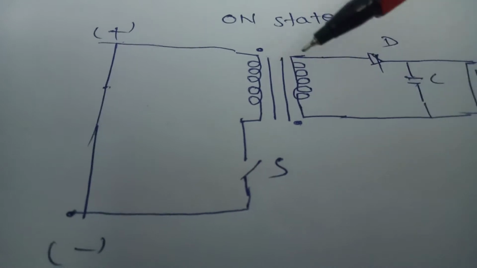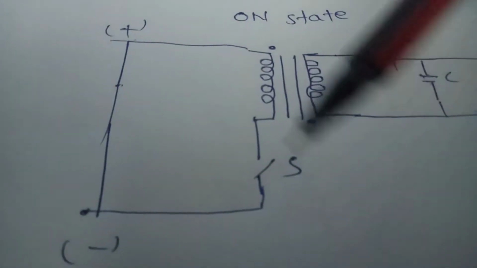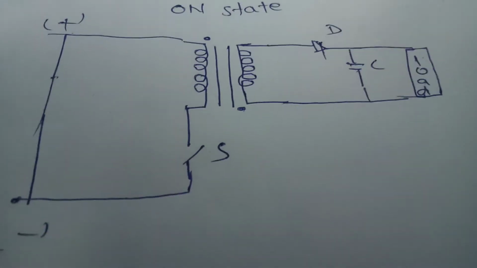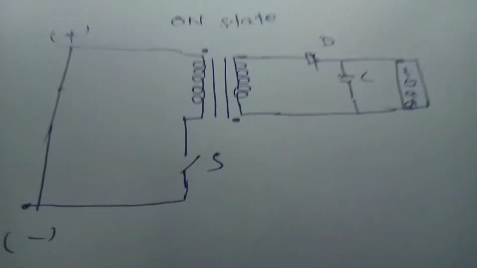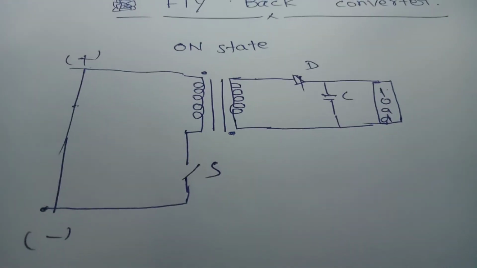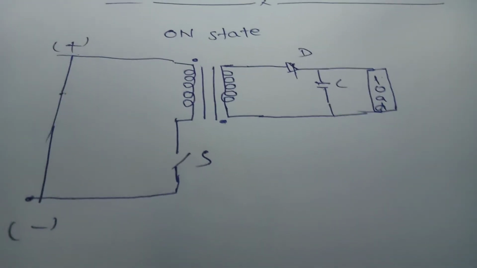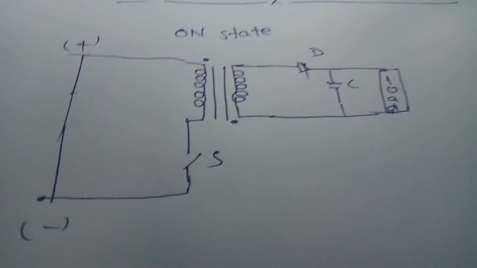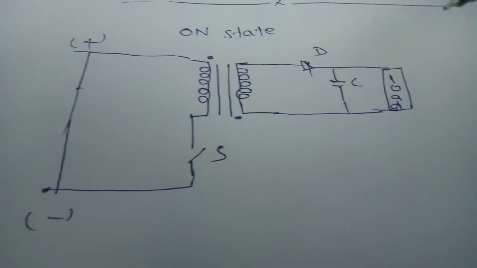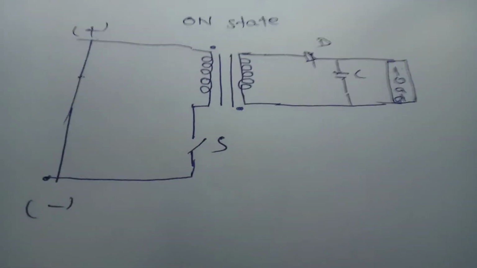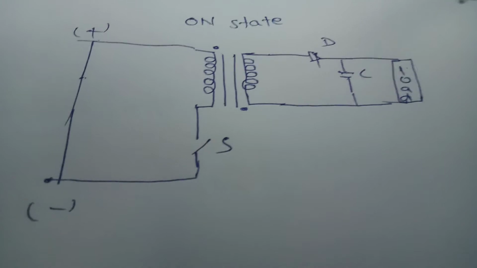The voltage is isolated, this is fully high voltage, this is fully low voltage. So isolation will be there, and due to that it is called flyback topology. In the other topologies, buck-boost and so on, isolation will not be there. So that is a major difference, and we can use flyback topology for multiple outputs. Buck-boost we can't use for multiple outputs. That is a major difference.